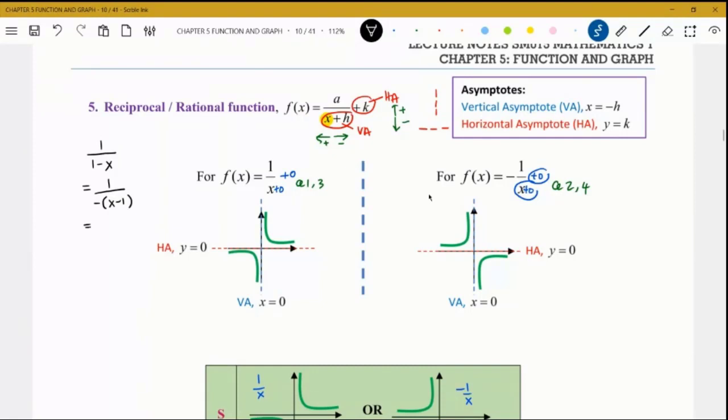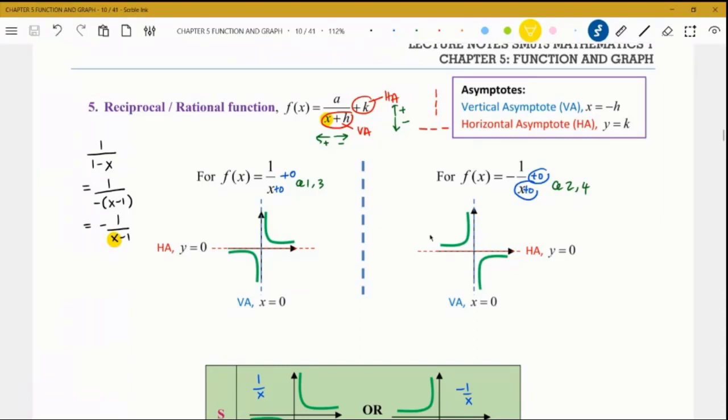So bermaksud dia adalah negative 1 over x minus 1. So bermaksud shape ni adalah pada kuadran kedua dan keempat. Okay, pastikan coefficient x dia adalah positif x, bukan negative x. So mesti keluarkan dulu so that baru kita boleh identify basic shape dia, either quadrant 1, 3 ataupun quadrant 2, 4.